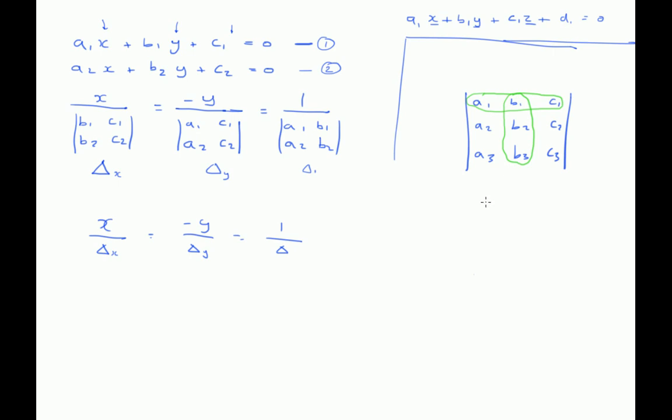Then again, the minor of B2 this time: that's common to this column and this row, so B2's minor is A1, C1, A3, C3. We simply ignore the row and column containing B2, and our minor for B2 is determined by the remaining coefficients.